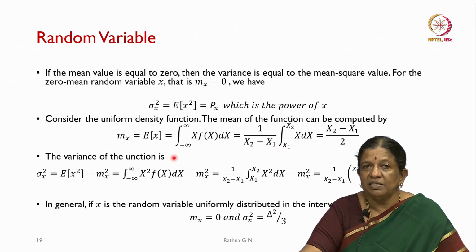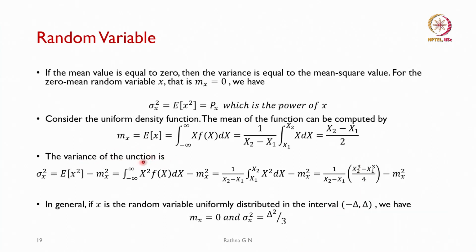The variance of the function is defined as sigma x squared, equal to the expected value of x squared minus mx squared. Substituting the expected value of x squared and simplifying, we get the result.